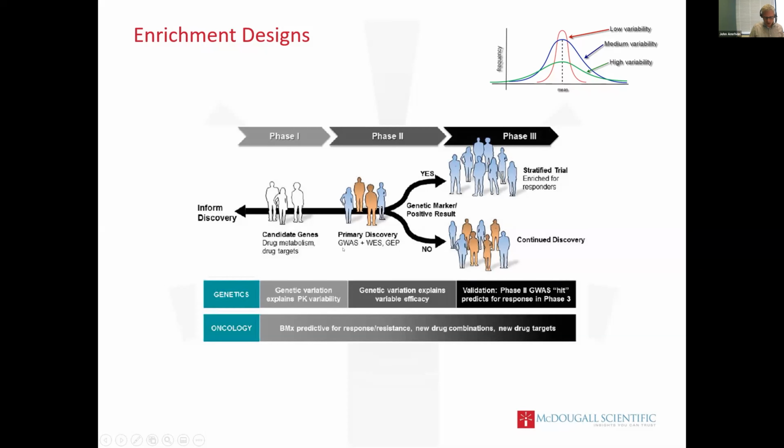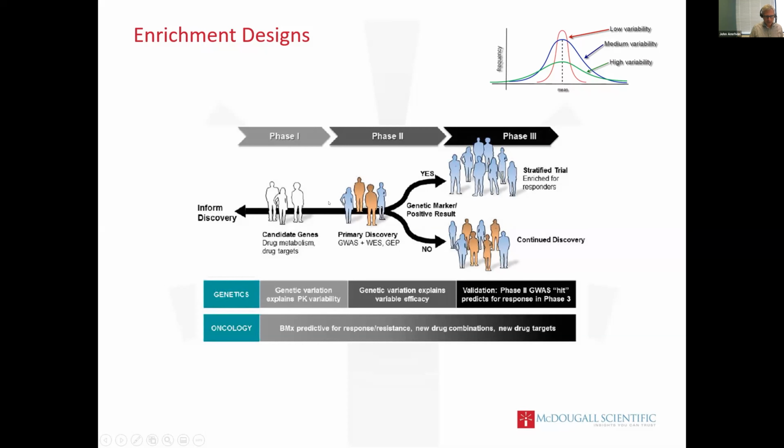And they're more common in the early phase studies because we're trying to achieve a very homogeneous population, think this red distribution, to really tease out the signal from variability or noise. So let's study a very homogeneous population first to understand if our product is safe and efficacious in that small group.